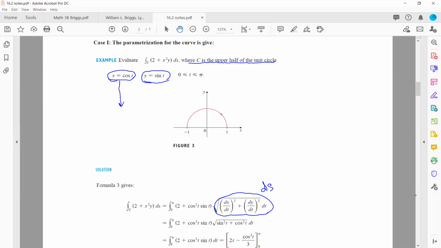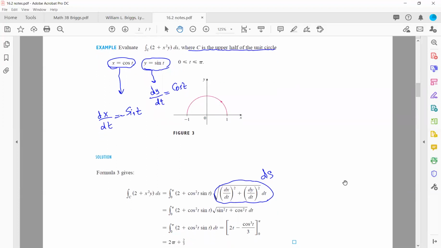Your x is cosine t, so dx/dt is minus sine t, and your y is sine t, so dy/dt is nothing but cosine t.